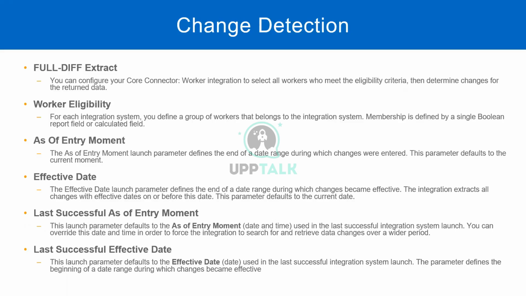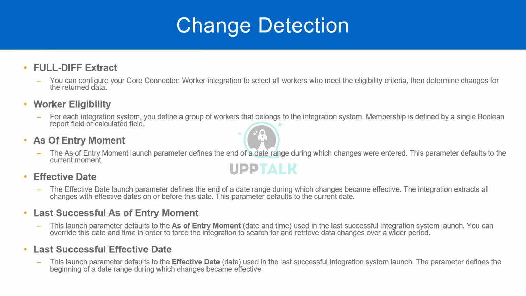First, it narrows it down to only the workers who meet the eligibility criteria. Then it checks those workers to see if there were any changes or not. Makes sense, right? It narrows down the list of workers, so it is better on performance. By default, full extract is the default method in which Workday runs the connector.